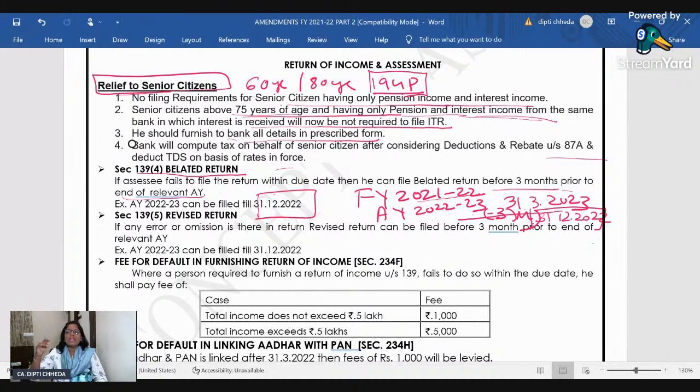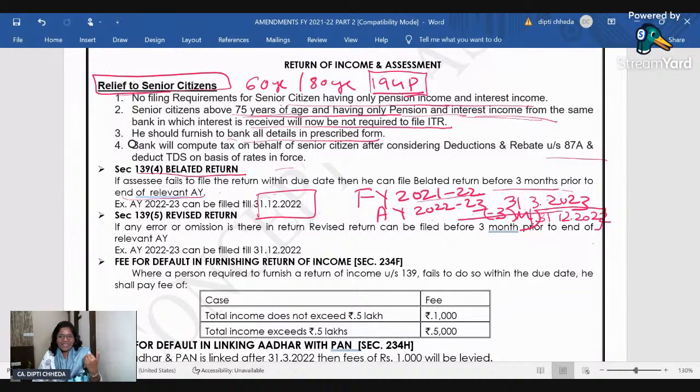So 31st March 23 is the end of the assessment year, and 31st December 2022 is the last date of filing the belated or revised return. Clear to all of you, right?